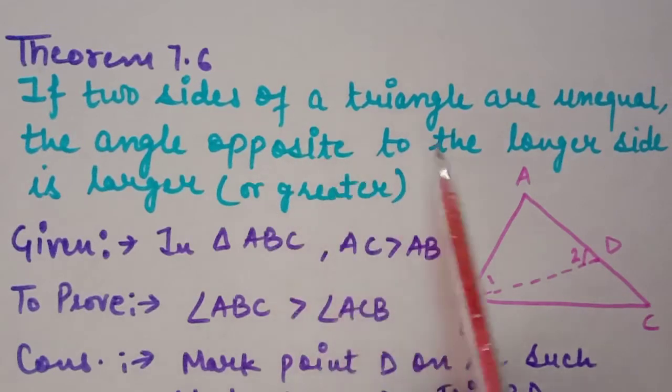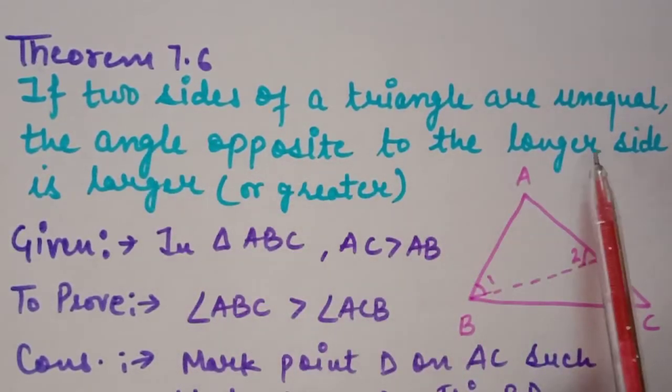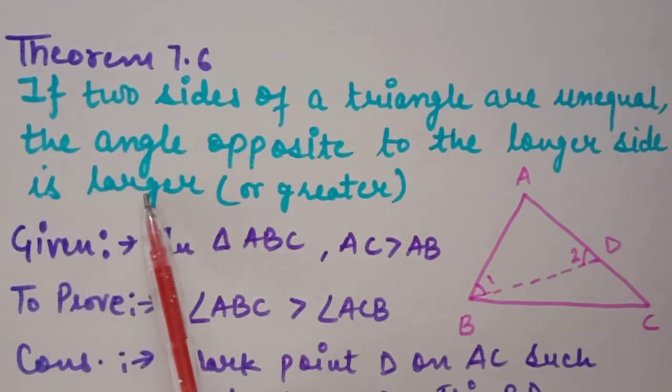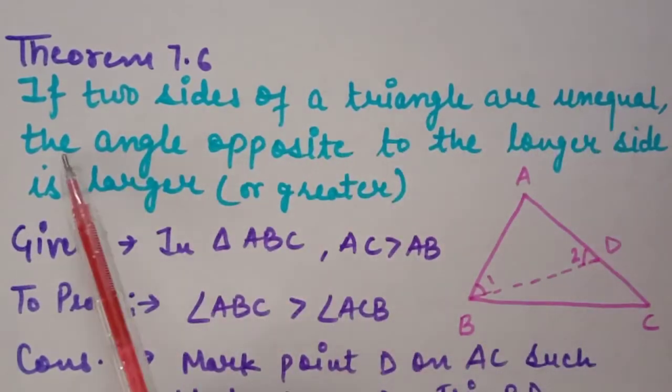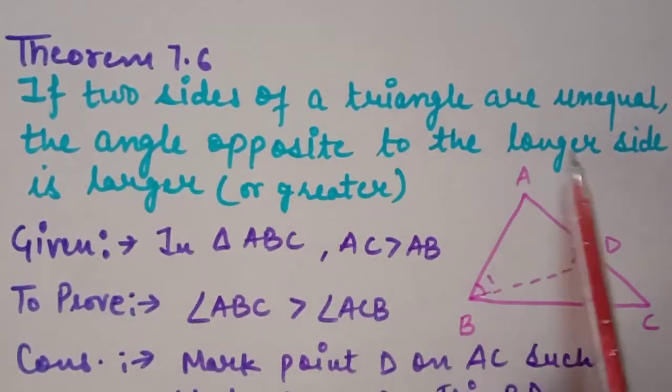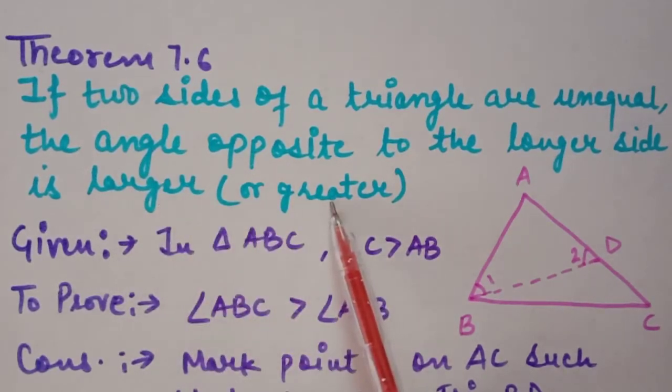So the angle which is present opposite to the longer side is larger in that triangle. So what is theorem 7.6? If two sides of a triangle are unequal, the angle opposite to the longer side is larger, or we can say that it is greater.